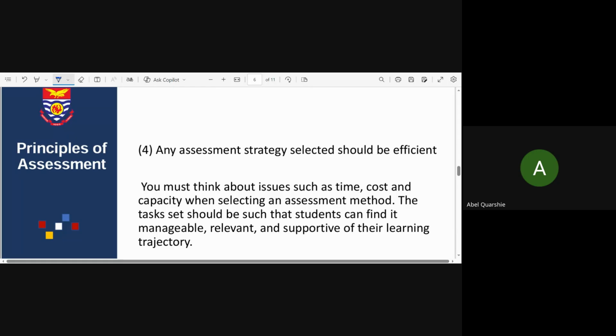And also, what other relevant support can you give if you realize that the assessment you've given to the learners, they were not able to meet the standard that you expect. If there are any remedials for you to do.